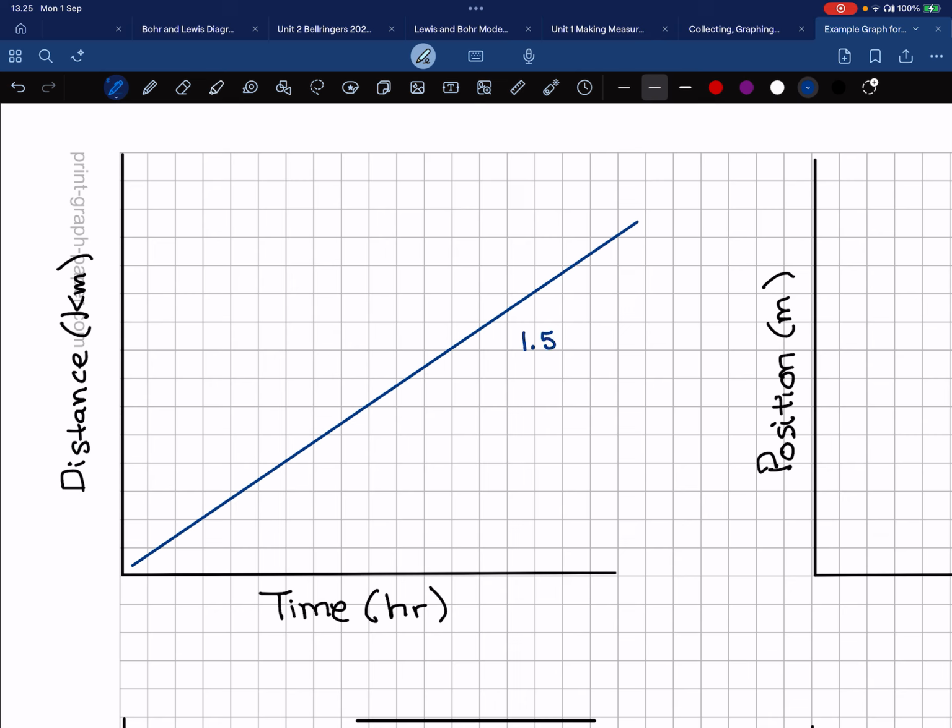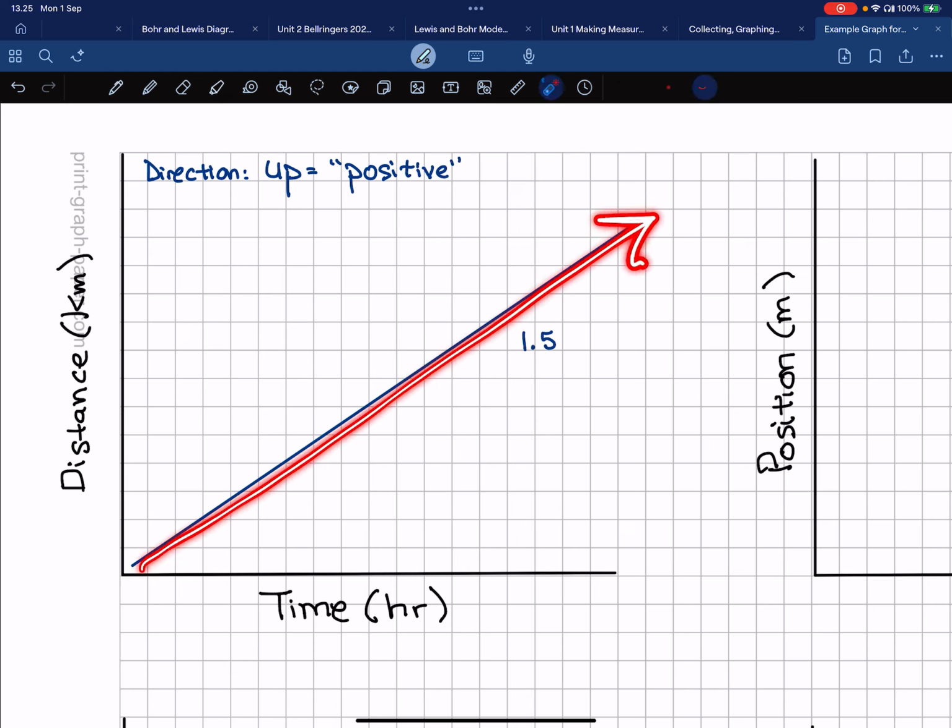Okay? What can we say about it? Well, the first thing that we can say is we look at the direction of the slope. The direction is up, so that is what we call a positive slope. Okay? So the direction is up. That is a positive slope. That means it is increasing.